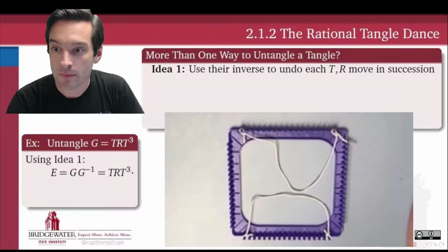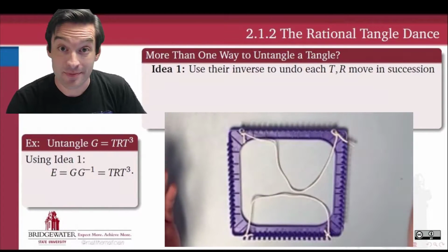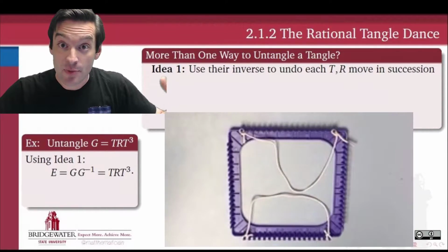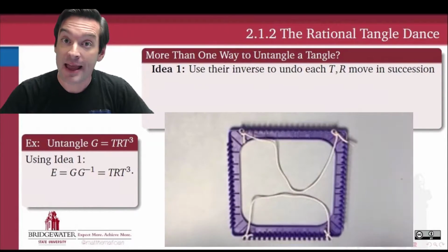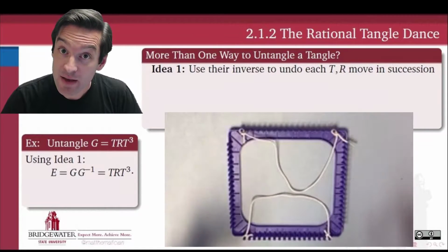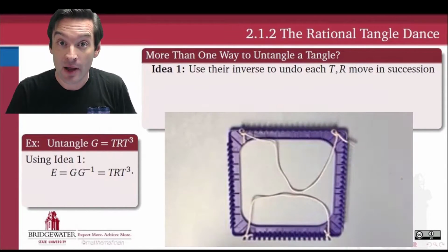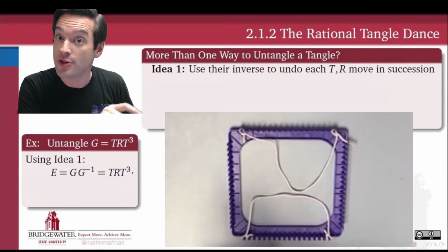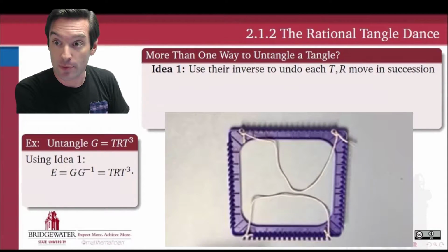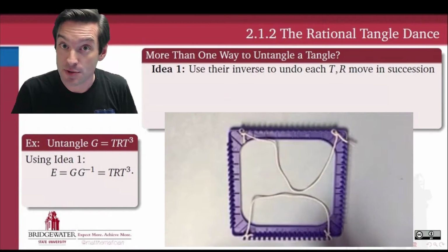The first observation is that, after the previous activity that we did, we know that any rational tangle can be untangled because we know how to undo each of the fundamental tangle moves, the generators that make up our tangle group. We know how to undo a rotation using more rotations.